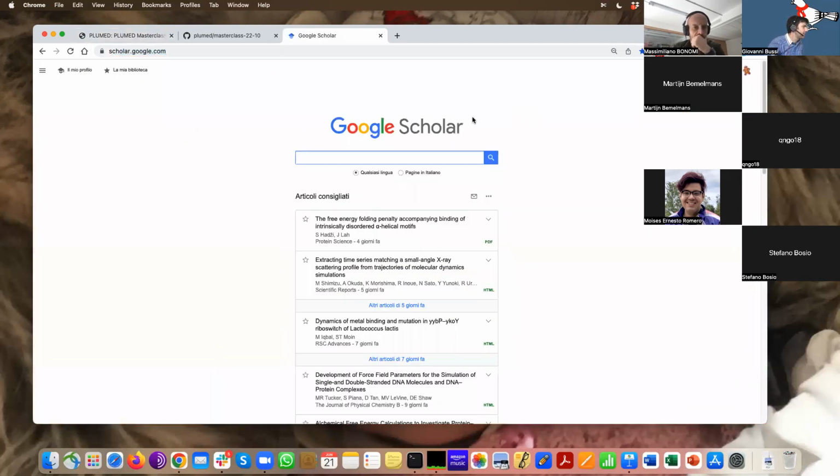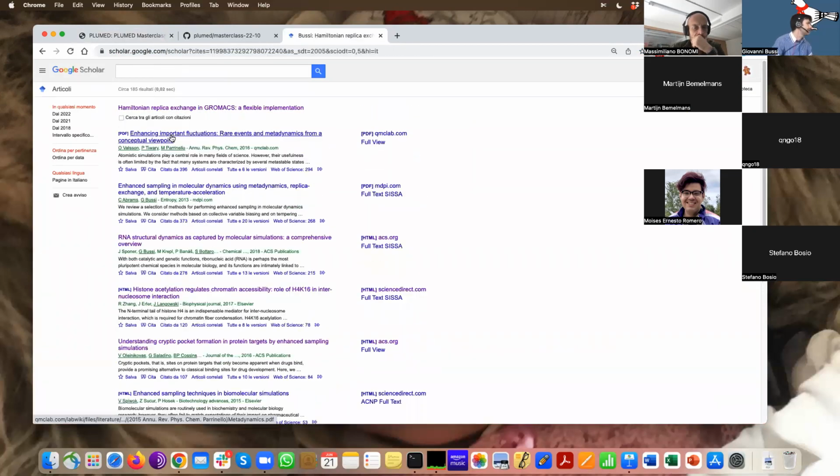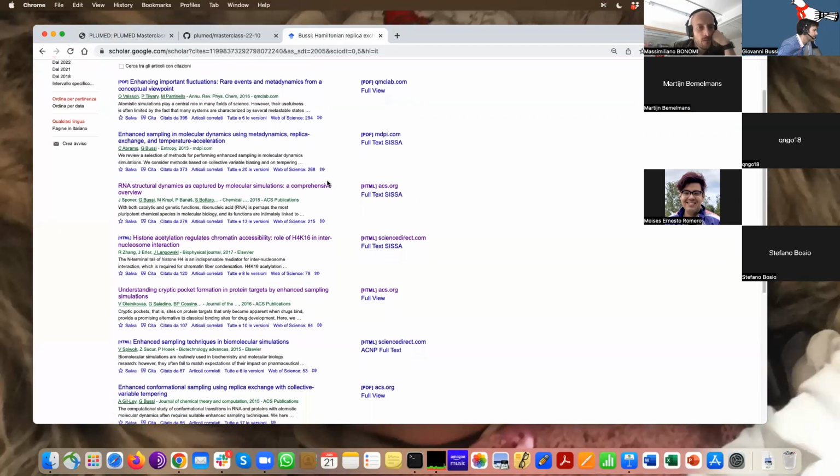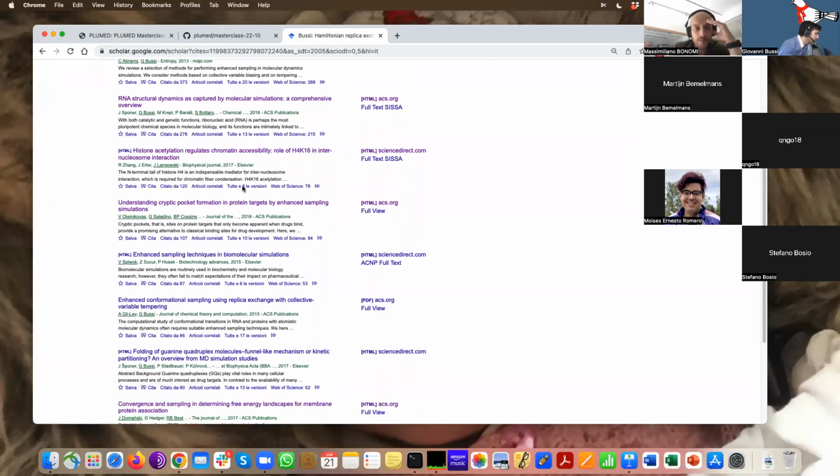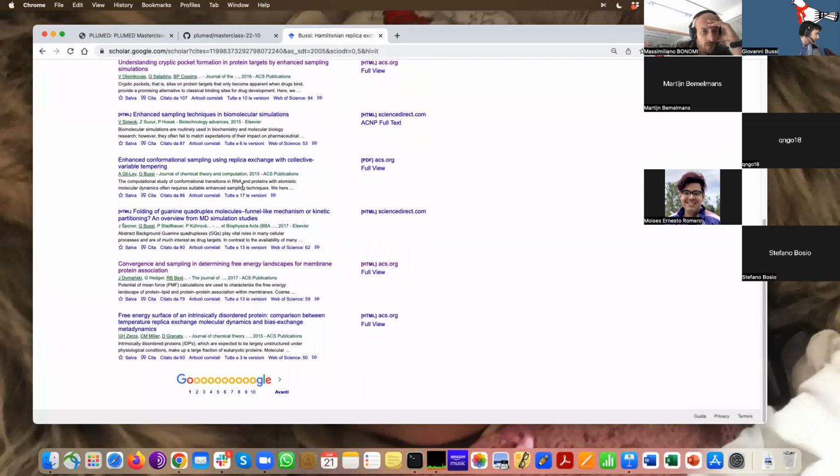I was thinking of putting some work there, but in the end I did this exercise just before this masterclass. There are many reviews here, but then there are applications. I think the best way to find applications is to look at papers citing this one, because they probably contain a lot of details.